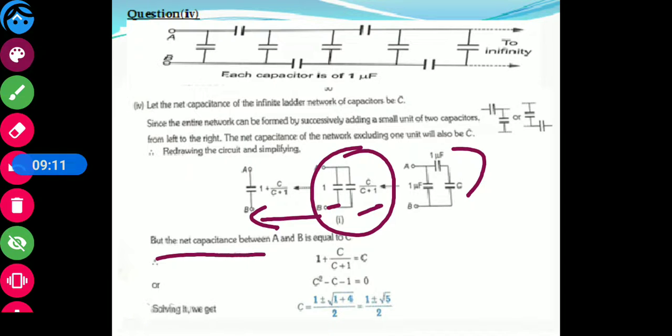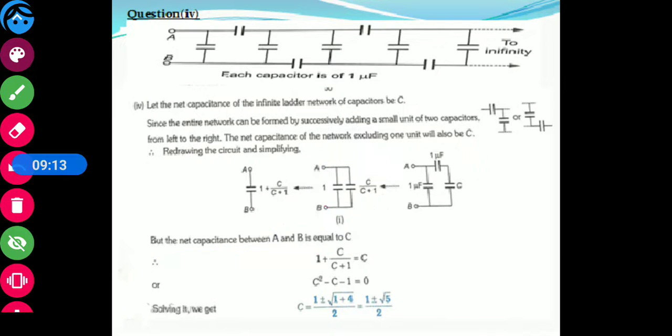But the capacitance between A and B is equal to C. So we can write 1 plus C upon C plus 1 is equal to C, and by simplifying this using mathematics, we get the final result: C is equal to (1 plus minus root 5) upon 2.